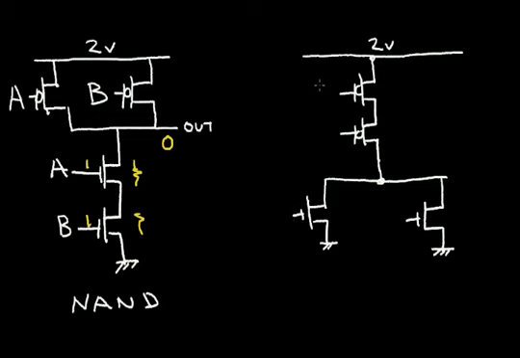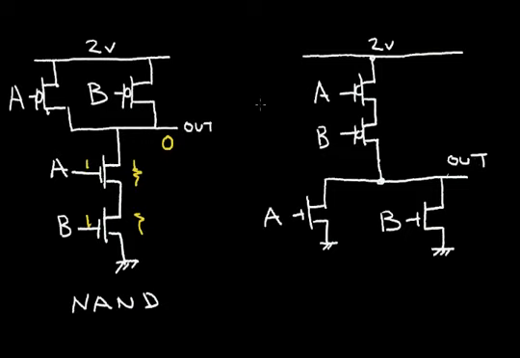So let's call this input A, input B. Let's connect input A to the gate of the NFET and input B to the gate of this other NFET. And let's label this our output node.